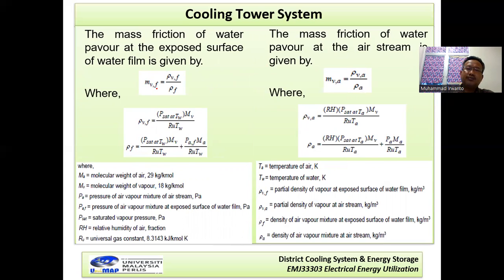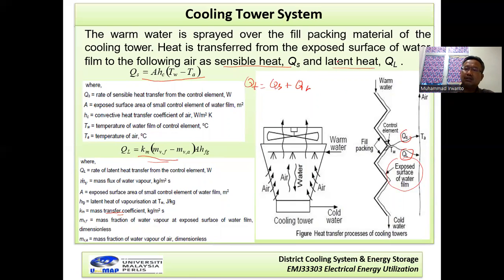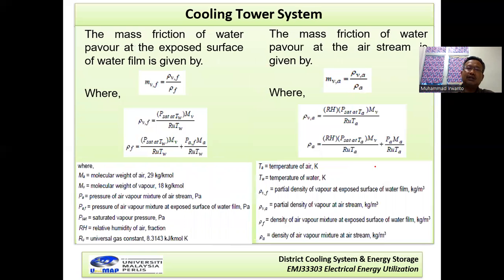So m_vF, the mass fraction at the surface of the water film, is given by rho_vF over rho_F. And the mass fraction of the air is given by rho_vA over rho_A.